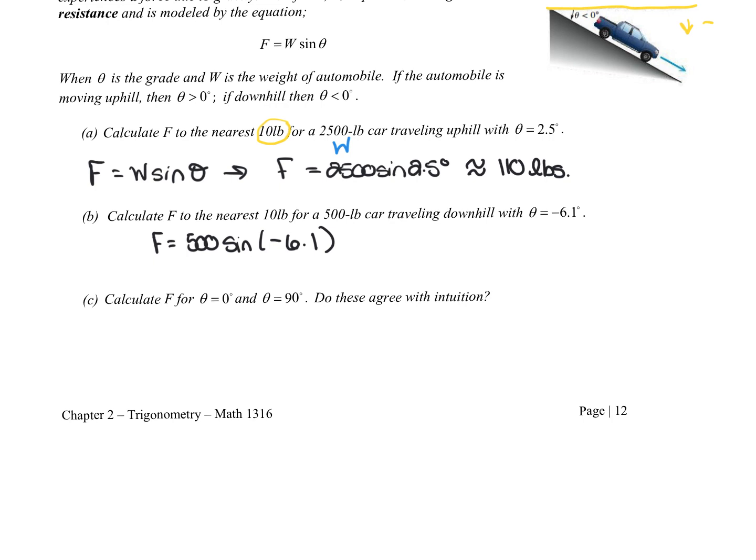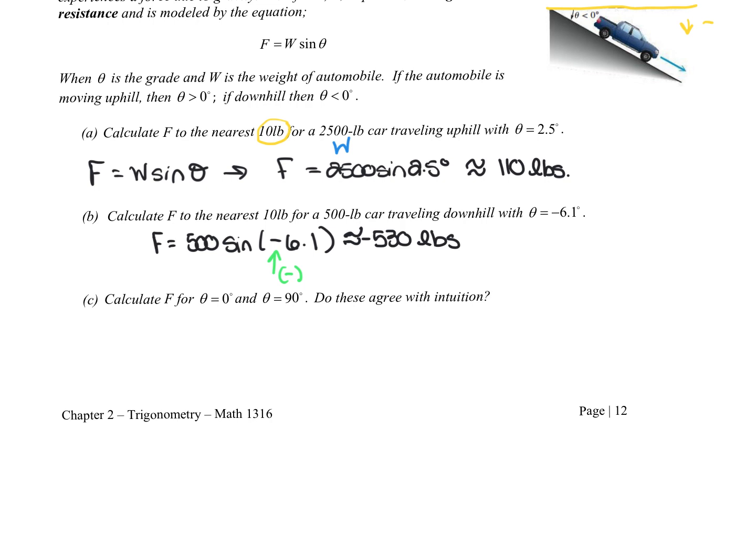Make sure you put the negative in front of the 6.1, and make sure you use the negative button like this on your calculator, not the minus button. Otherwise, it'll say syntax error. You got to use that negative button. It's down in the keypad part, not on the side with the plus and minus buttons. And when you do, to the nearest 10 pound is about negative 530 pounds. So the negative means the force is going down.